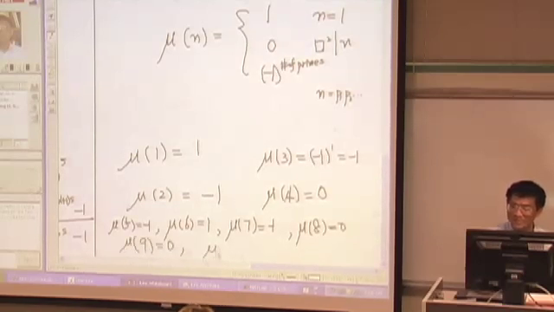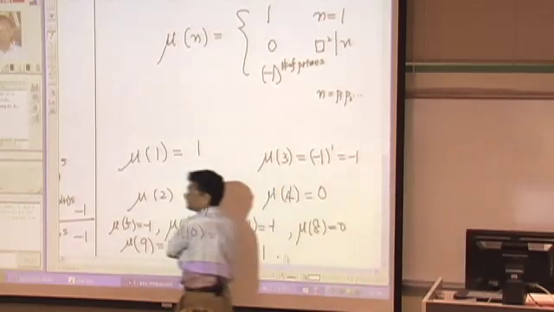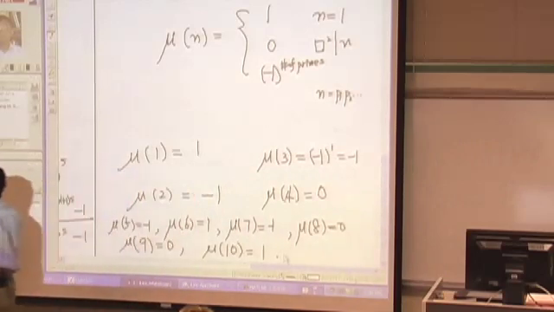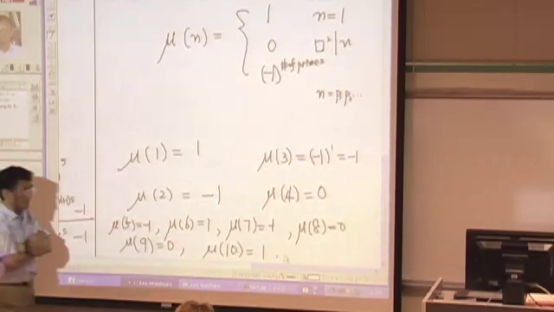If your answer is different from mine, tell me. I will explain. So this is called the Mobius function, and this function is very important in number theory.